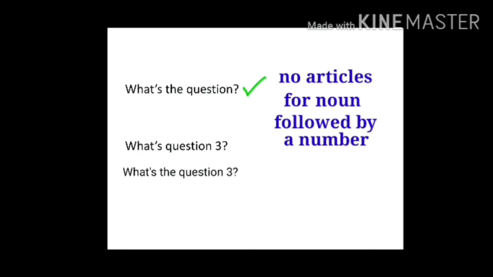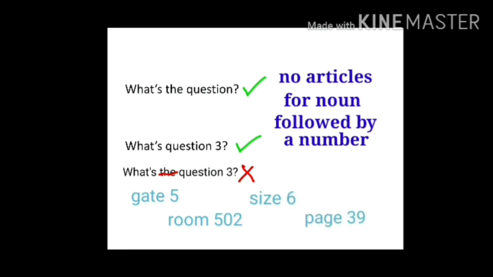But you do not say, what's the question 3. Remove the article the and only say, what's question 3. Other examples are gate 5, room 502, size 6, page 39. So these words do not use articles because they are followed by numbers.